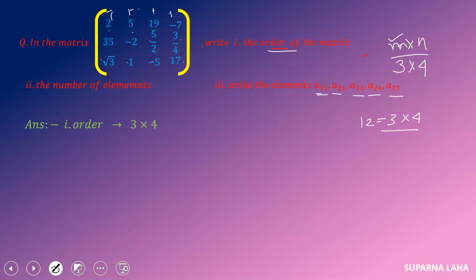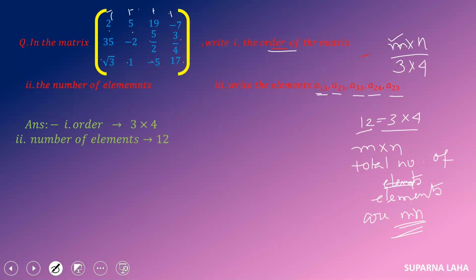So if any matrix is given in the order m cross n, the total number of elements are mn. Just multiply its order, you will find the total number of elements present in this matrix. So here the total number is 12.